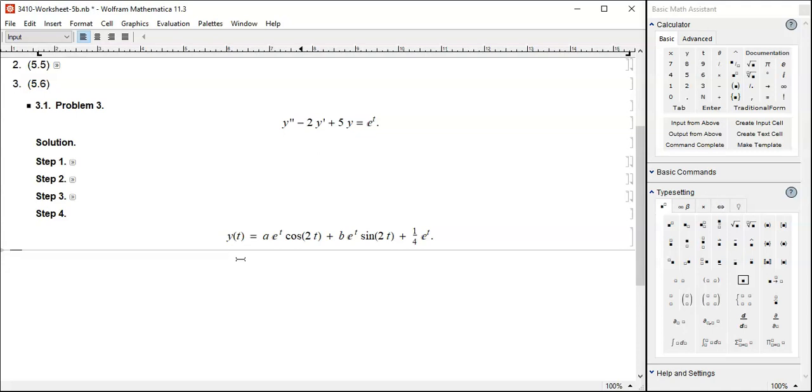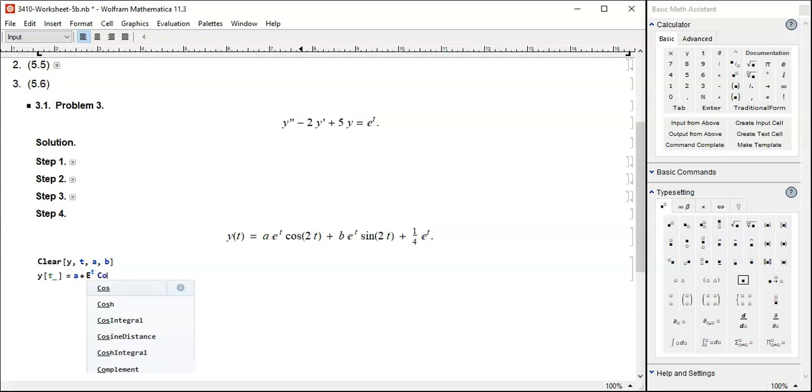Let's check. Oh, excuse me, let's clear A and B as well. So A e to the t power cosine of 2t plus B e to the t power sine of 2t plus 1/4 e to the t power.